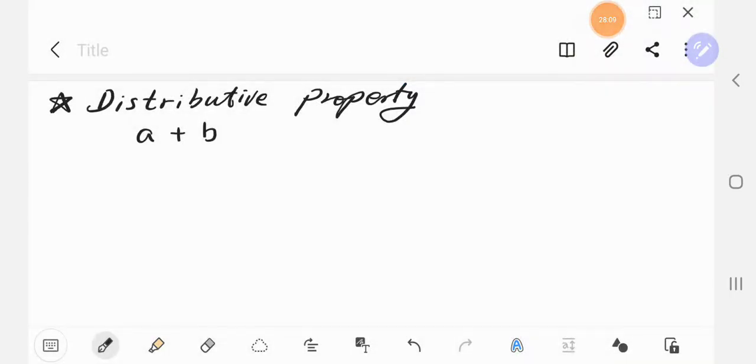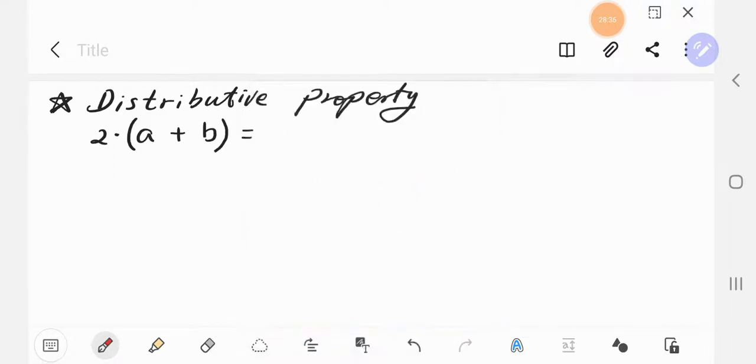Okay, the next property is really important as well. Distributive property. So there's an expression a plus b. This is an addition. I want to multiply this a plus b by a number 2. That means this is the same as 2 times parenthesis a plus b. Then the distributive property is this: multiply each term, a and b, by 2.